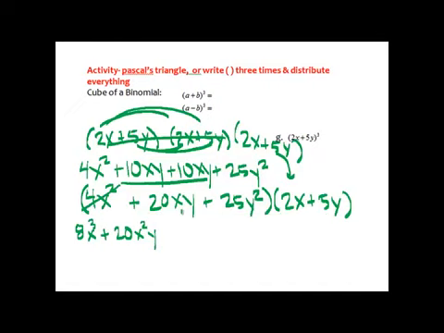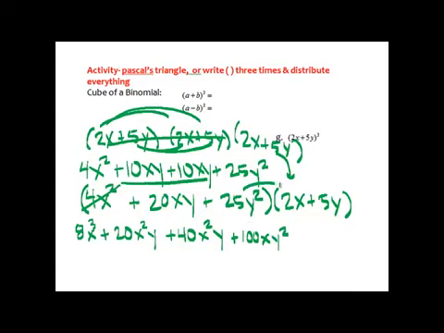Now let's distribute the middle term by everything over here. All right, 20xy times 2x. So 20 times 2 is 40. X times x is x squared, and then you've still got a y there. All right, 20 times 5 is 100. X, we have a y times a y.